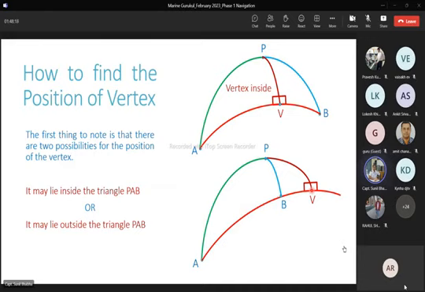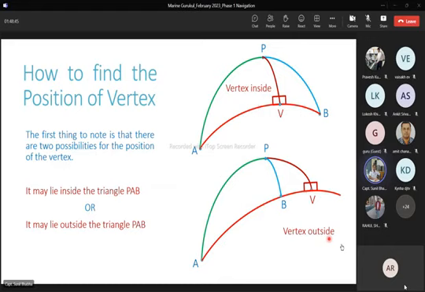So depending upon our initial and final positions, there could be these two possibilities. One, the vertex lying inside the triangle PAB, and second, the vertex lying outside the triangle PAB. Now for finding the position of the vertex, we need to find out, in the given question which we are solving, whether the vertex is inside the triangle or outside the triangle.